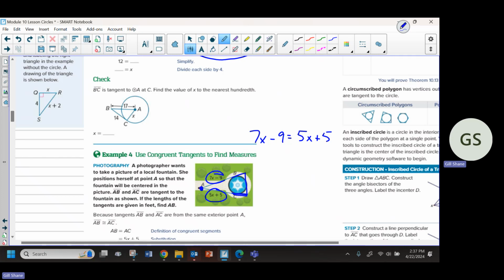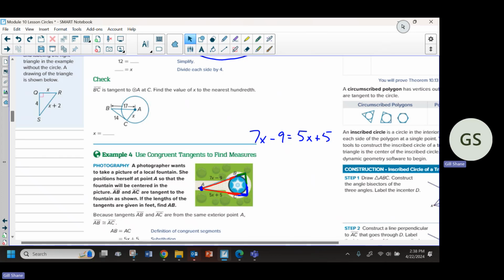I've got two tangent lines coming in, so these two red lines would be congruent. These two green lines, if that line is tangent and that line is tangent, those are congruent. And then the two blue lines below would be tangent. This blue line would be congruent to this blue line here.